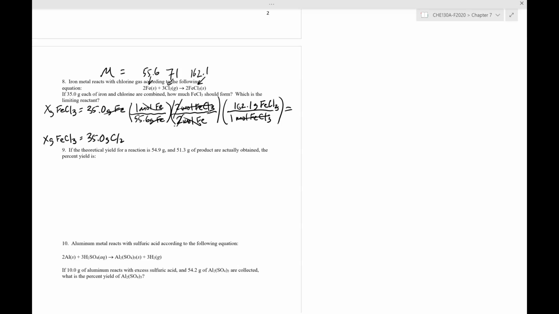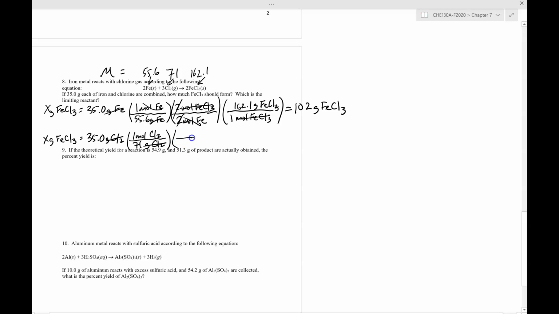And again, checking my math here carefully that I do it right. 35 times 162.1 divided by 55.6, I get 102 grams of my FeCl3 if the iron is the limiting reactant. Now, when I look at chlorine, I'm going to go from grams of chlorine to moles of chlorine, and that's 71 grams of chlorine on the bottom.